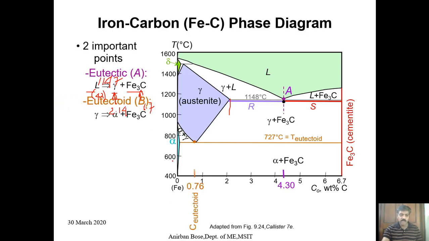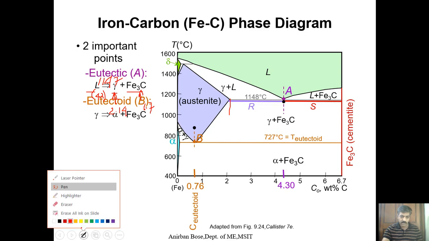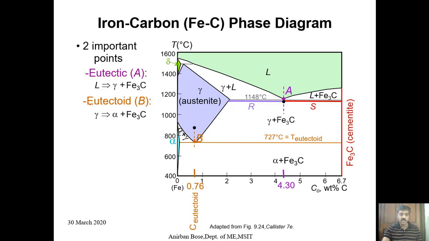Now another one is the eutectoid reaction that is happening at point B. Okay, what is happening? Austenite is converted into alpha ferrite, you can see this blue colored alpha ferrite, and Fe3C.